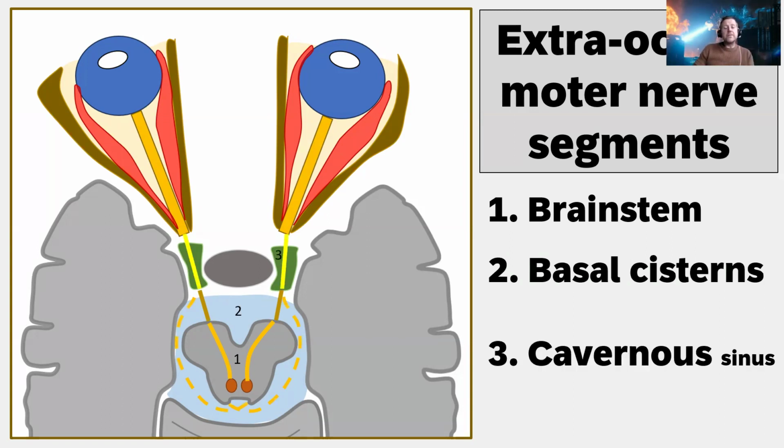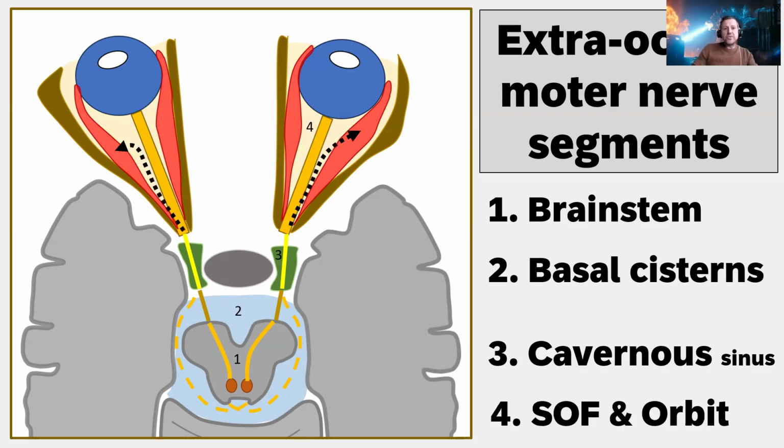Then we have a small piece running through the cavernous sinus, and finally we have the extracranial segments located inside the orbit, which enter the orbit by way of the superior orbital fissure, so SOF over here. So those are the 4 segments, and then the abducens nerve has something extra, a so-called intradural segment.